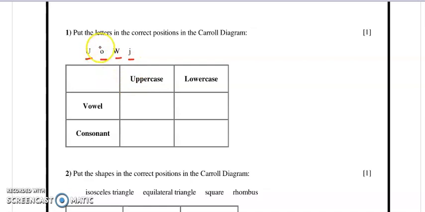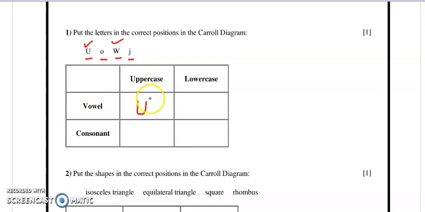If I look at the uppercase letters, I have U and W. These are the uppercase letters. It means uppercase letters will fall in this column. But out of these uppercase letters, U is a vowel. So I will put the U here because it is an uppercase letter and it's also a vowel.